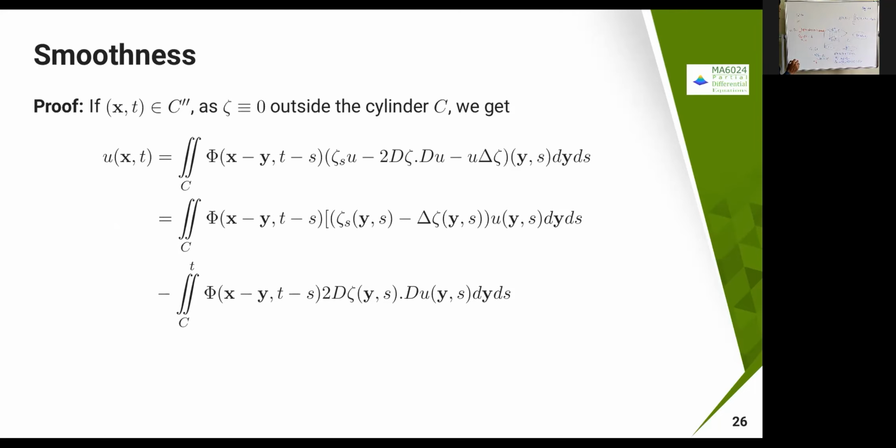Therefore, you can find that u is nothing but pi of x minus y, t minus s, into h bar. What is h bar? H bar is nothing but u of theta t minus delta psi minus 2 du into d theta that is going to come. So that's what I'm going to get, I'm just multiplying this one.